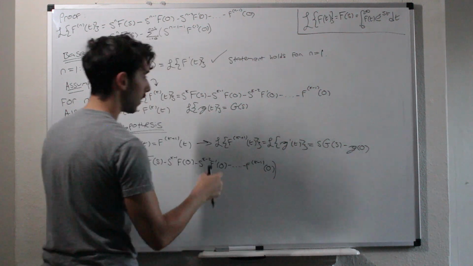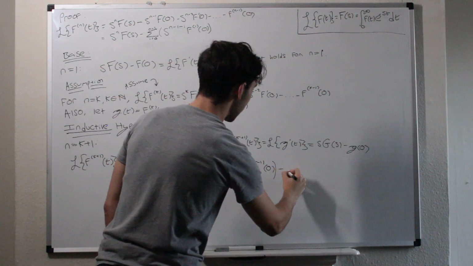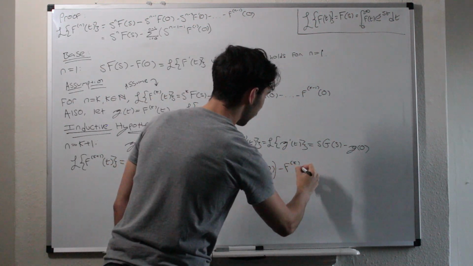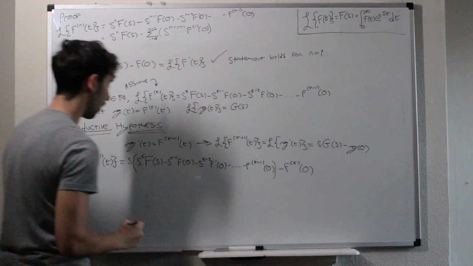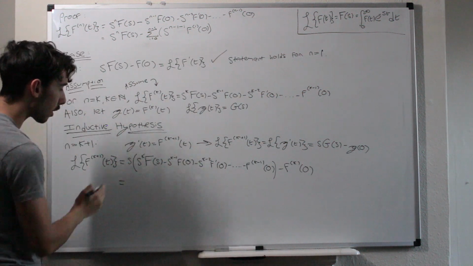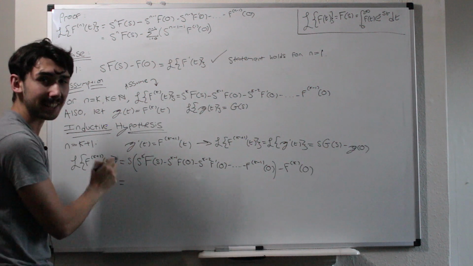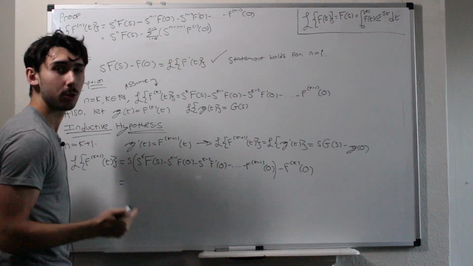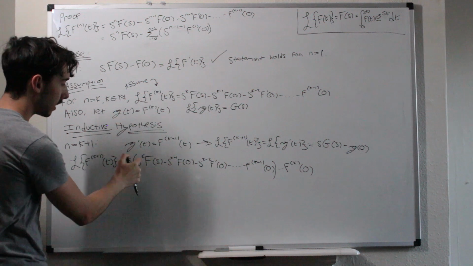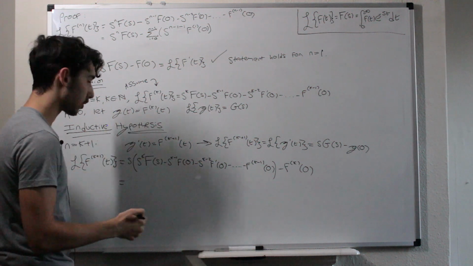So instead of taking away g of 0, we just take away the kth derivative of f of t evaluated at 0. And then this s that's on the outside gives us that extra 1 that needs to be in the power that's going to bring all these k's up by a factor of 1.